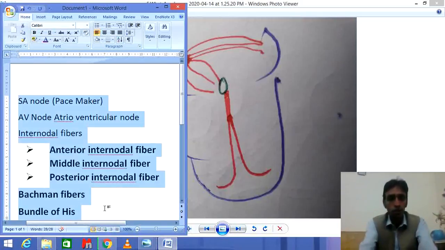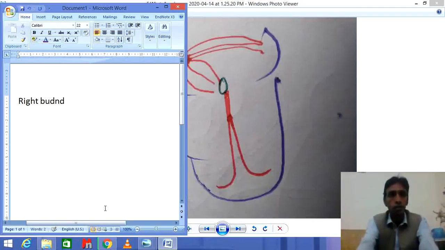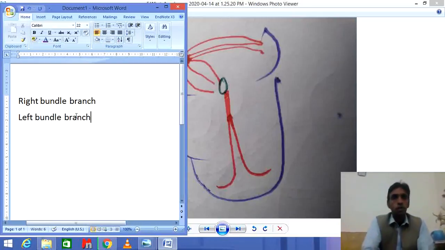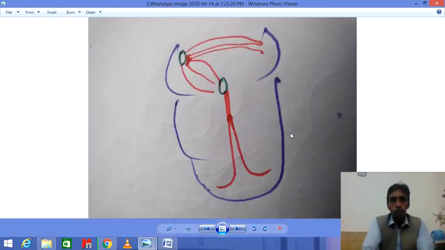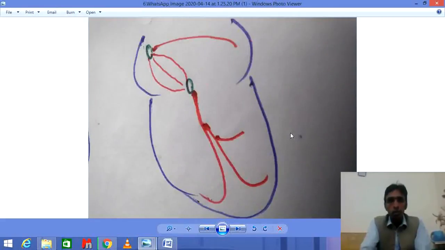Now we will write here the right bundle branch and left bundle branch. Now coming to the next diagram, this is the left bundle branch.